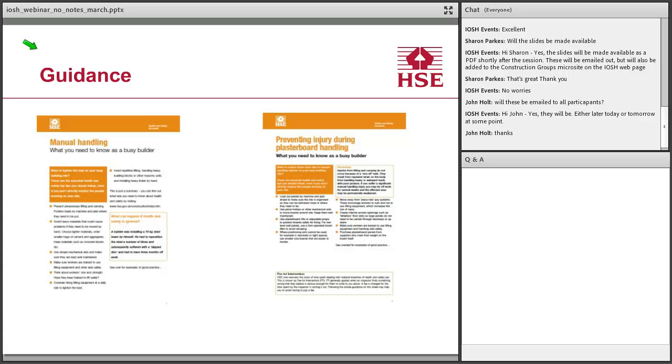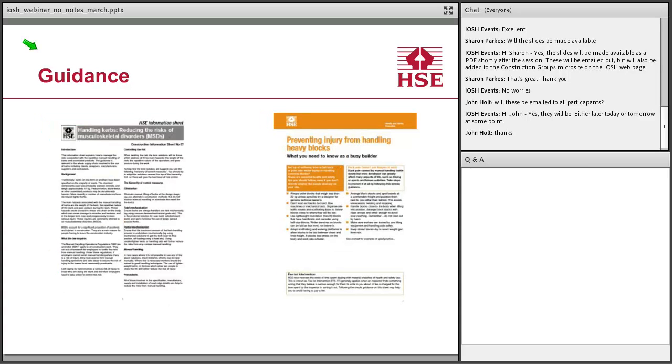But it also gives you very good information about what is available. Again, this is all available on HSE website, so have a look around for it. There is the construction information sheet on curb laying. So there's a lot of information available that you can use.